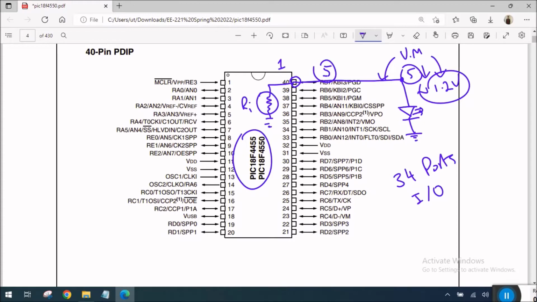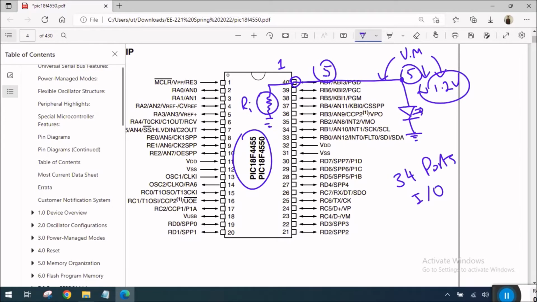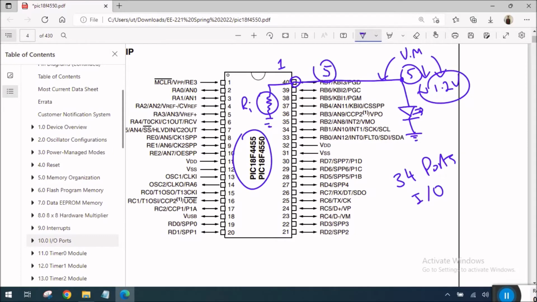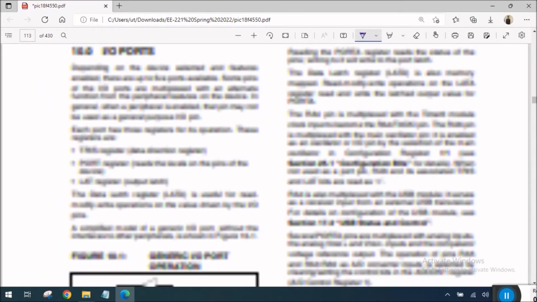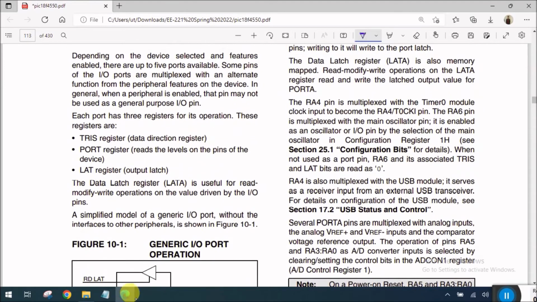So with this, let's move to the registers associated with the input-output ports of PIC18F4550. Let's jump to section number 10. Here we can see that there are 3 registers associated with each port of PIC18F4550. And from now on, whenever I say port, I'll be referring to a single pin of this microcontroller.